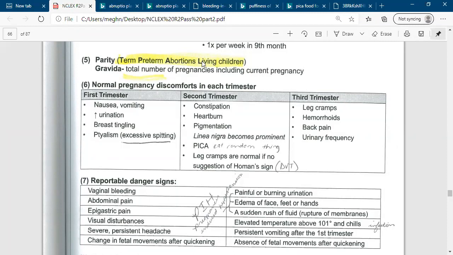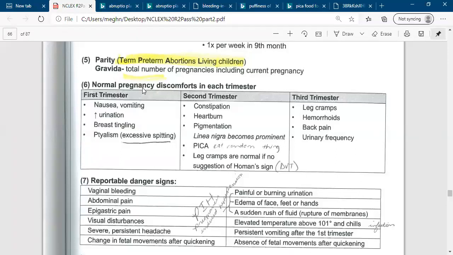Out of 4 children, 2 are single pregnancies and 1 set of twins. So a twin pregnancy counts as 1. So 2 single plus 1 twin is 3. Parity should be 3. So parity means the number of pregnancies that gave live birth.